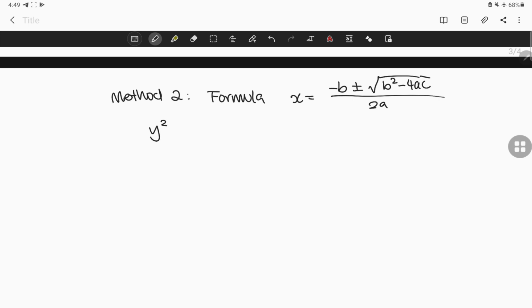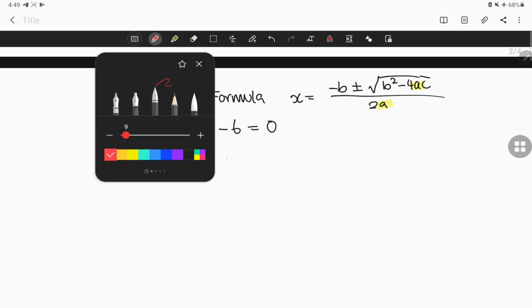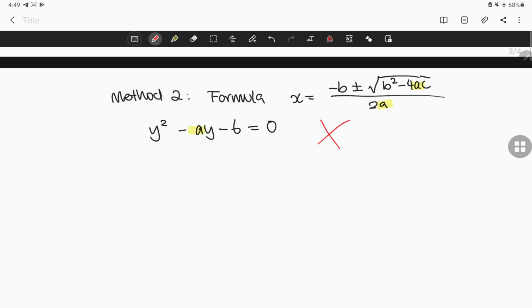So this is what we have, y squared minus ay minus 6 equal to 0. Note that the a in here is not equal to the a in here. They are not the same thing.